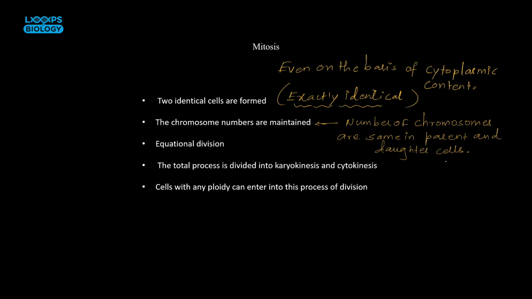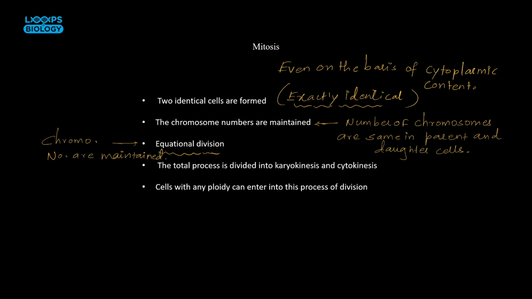Alright. So whenever we are keeping the particular number same, such type of cell division is called as equational division. Alright. So in this case here, chromosome number are maintained. That's why it is called as here equational division.